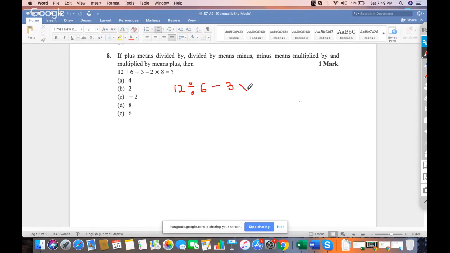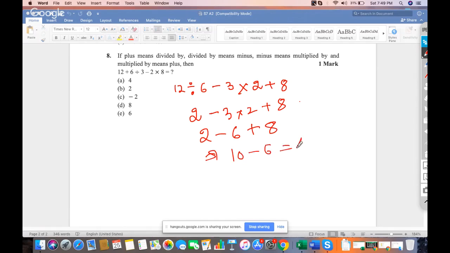Minus means multiplied by, so 2. And multiplied by means plus, so plus 8. So 12 divided by 6 is how much? 2 minus 3 into 2 plus 8. So this is 12 minus 6, sorry, 2 minus 6 plus 8, which is 10 minus 6, that is equal to 4. So 8 answer is A.